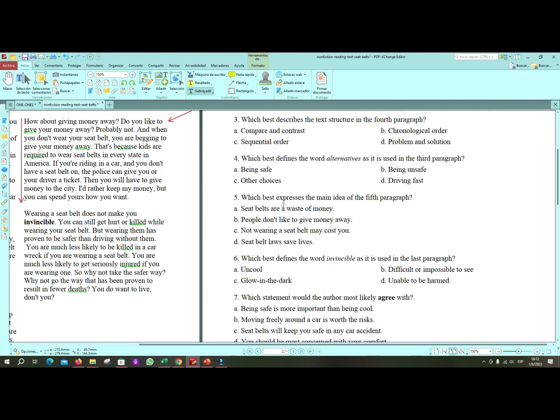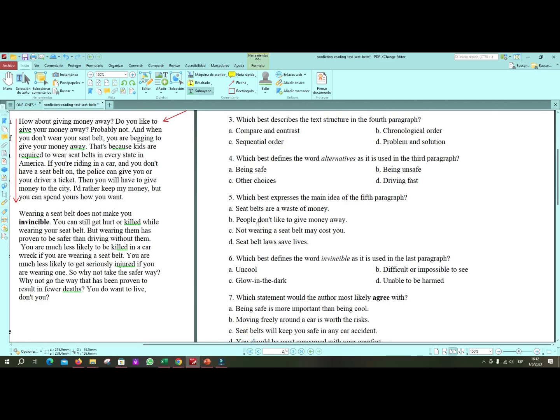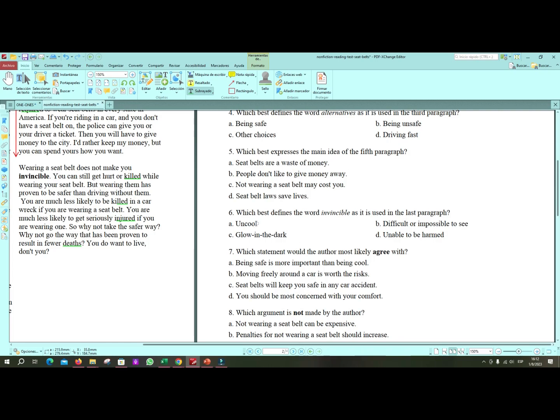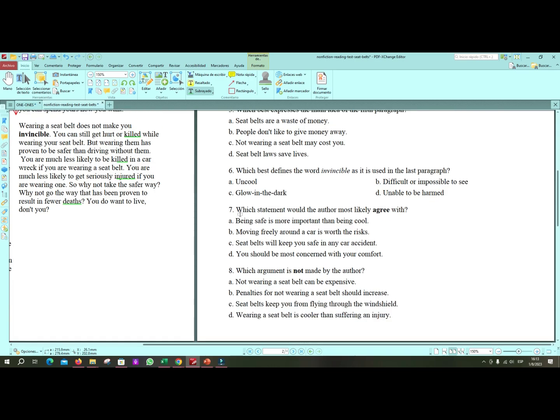5. Which best expresses the main idea of the 5th paragraph? 4 options there also. 6. Which best defines the word invisible as it is used in the last paragraph? And there you have other options. 7.